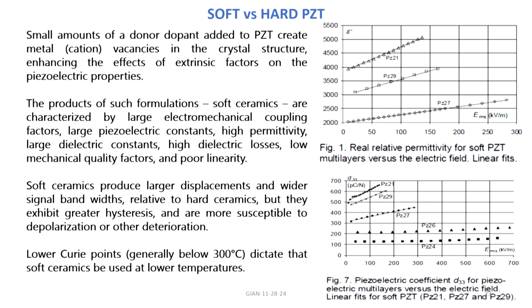So, depending on what exactly you want, you can substitute different ions into PZT and make either soft PZT or hard PZT. Soft PZTs are defined by a very high dielectric constant, a high D33 and rather small Curie temperature, whereas hard PZTs have much lower dielectric constant and smaller D33, but they have higher Curie temperature.